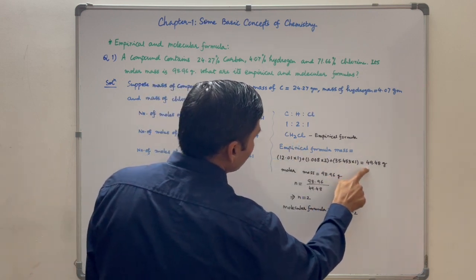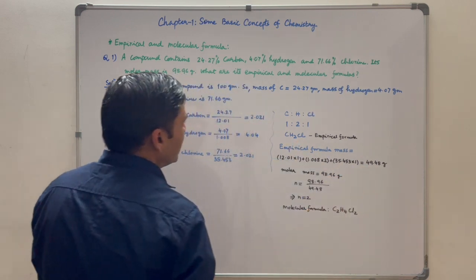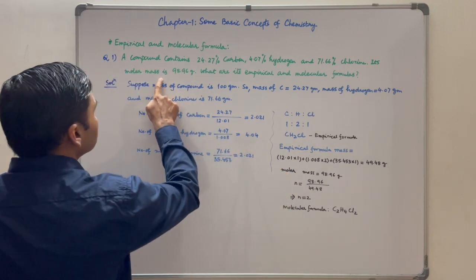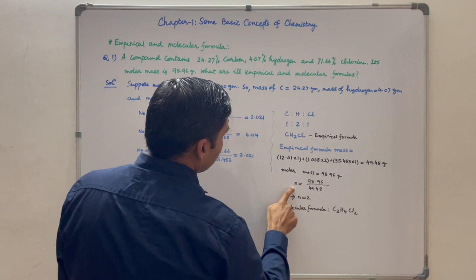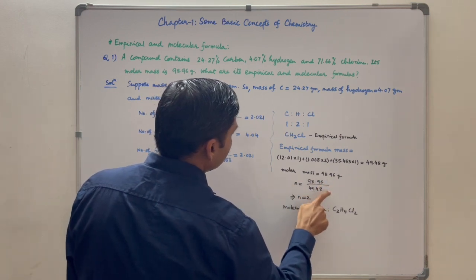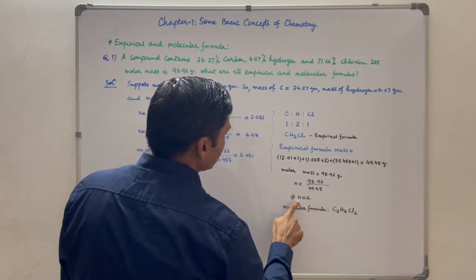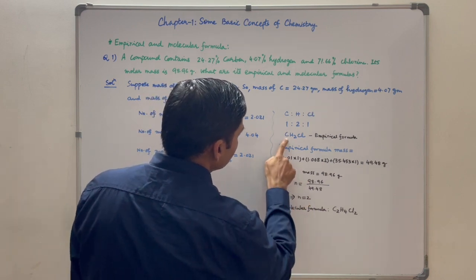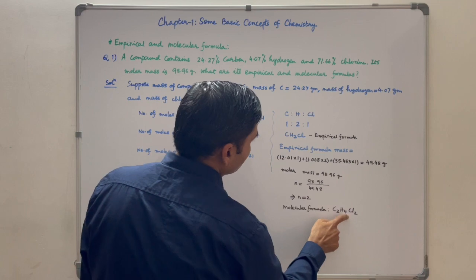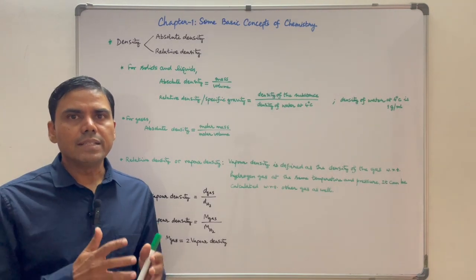That comes out to be 49.48 gram. It is given that molar mass is 98.96 gram. So common multiplier N will be molar mass upon empirical formula mass. That comes out to be 2. So molecular formula of the compound will be C2H4Cl2.